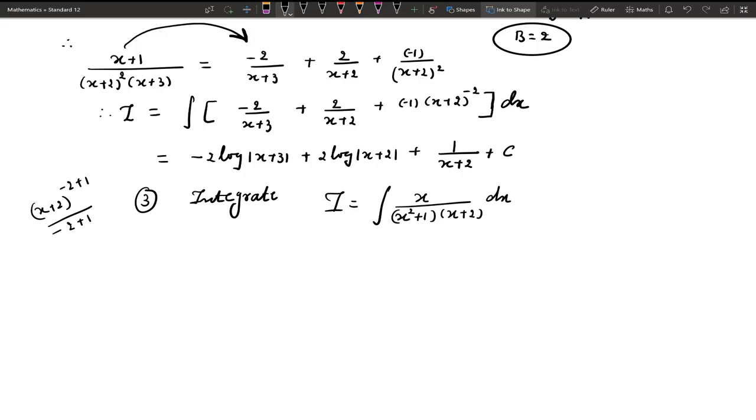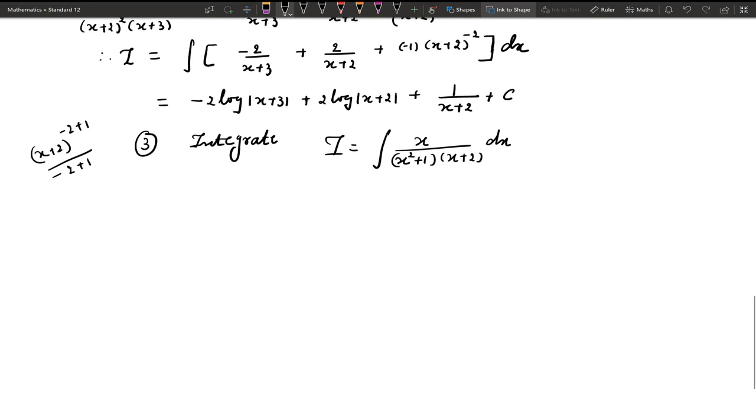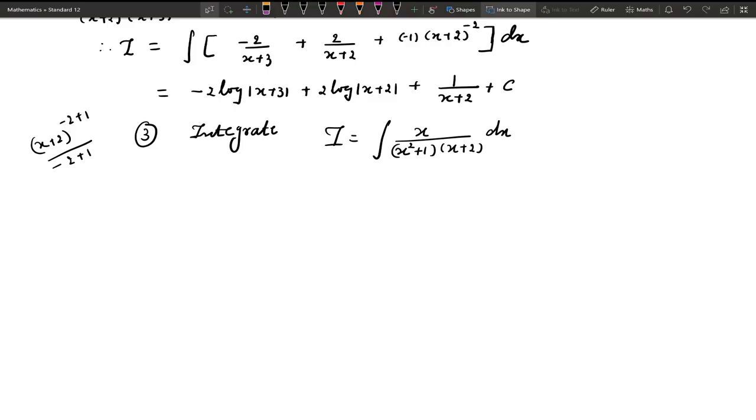In this case you can observe x square plus 1 is quadratic and irreducible. Irreducible in the sense that we cannot get real roots that can be factorized; x equal to plus minus i, but they are imaginary roots. So we are discussing real roots. So x square plus 1 is quadratic and irreducible.